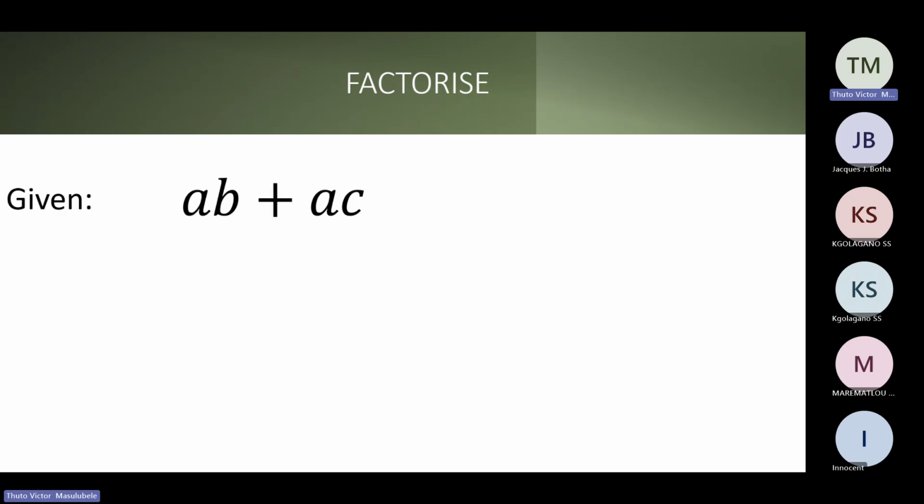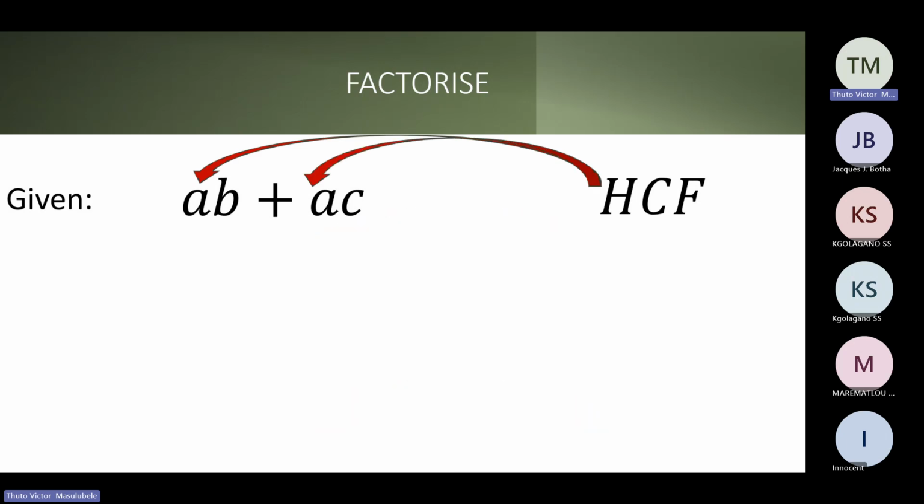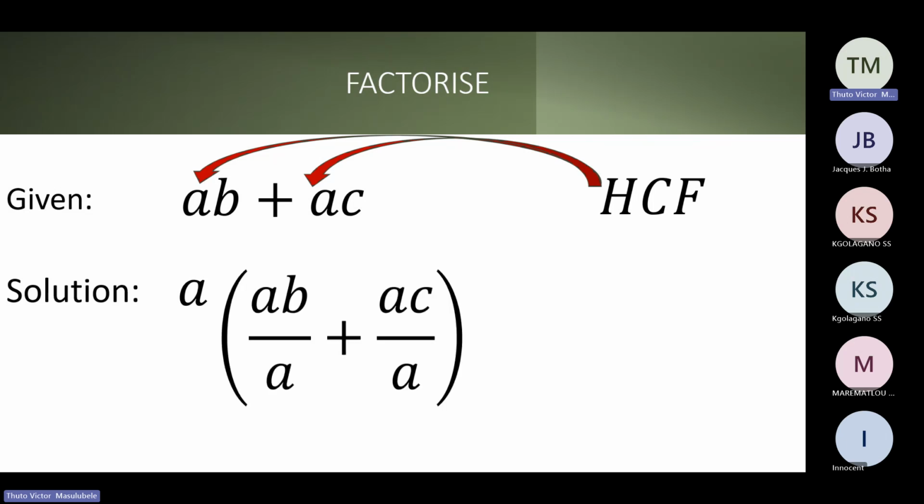Now let us consider the given expression. We have ab plus ac. Now we need to look for a factor that is common in both terms, and what's common in both terms is a. a is a factor in the first term, and a is also a factor in the second term. So we take a out as the common factor, and to know what will be left, we divide each term by the common factor.